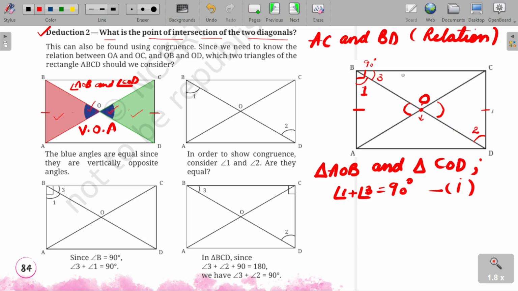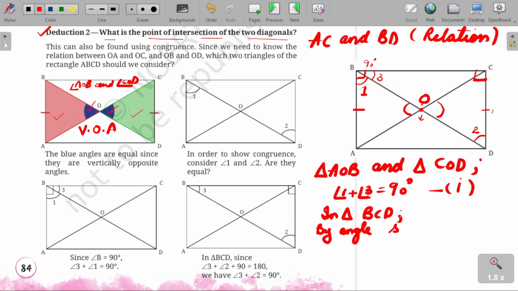And look at this triangle, triangle BCD. Again, this is also 90 degrees. So by the angle sum property, what is the angle sum property?